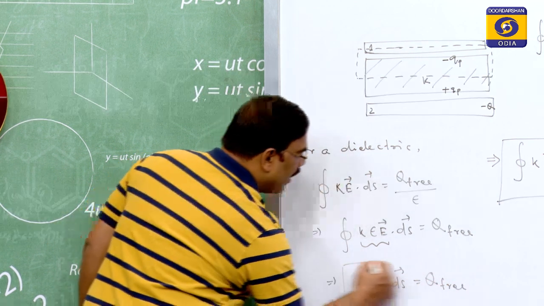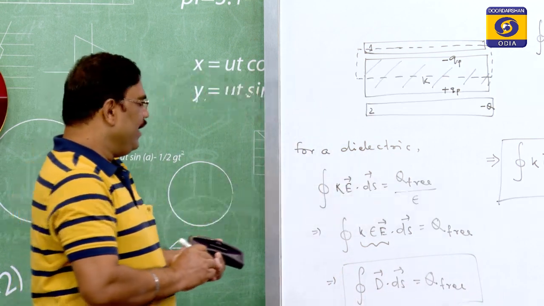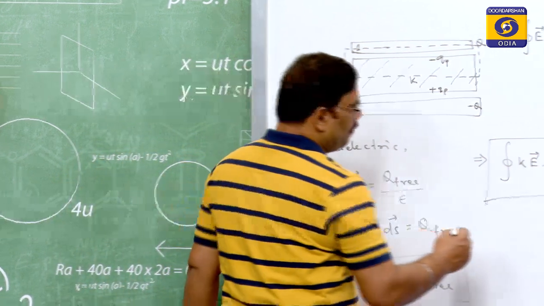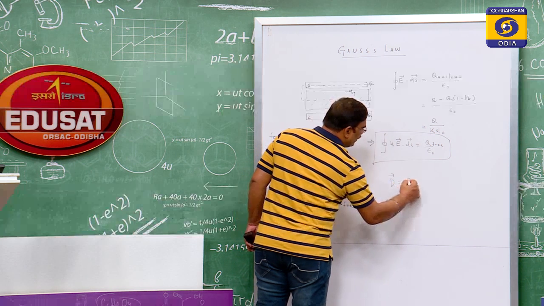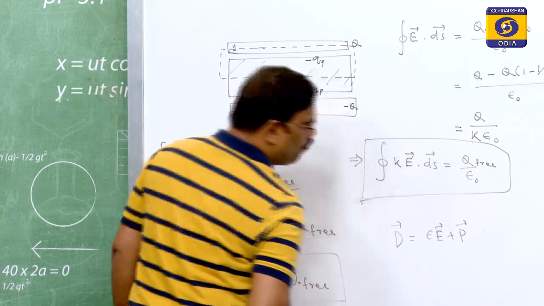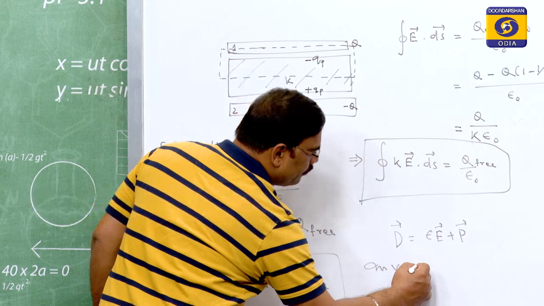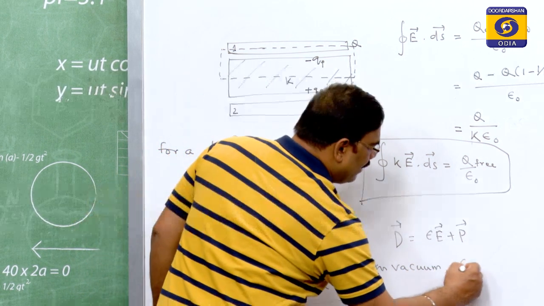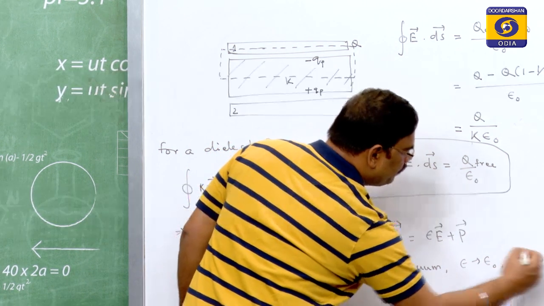This is another form of Gauss law, where D is the electric displacement vector. My electric displacement vector D equals, we can say, epsilon E plus P. In vacuum, epsilon goes to epsilon 0, P goes to 0.